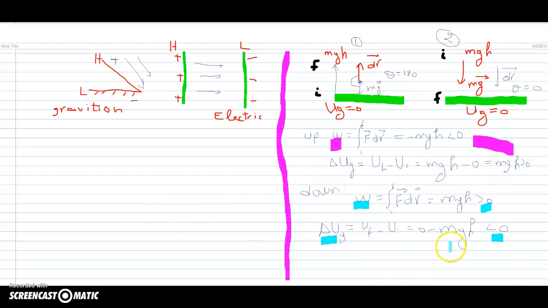And so to compensate for this relationship, when one is positive, the other is negative, we can write something like this. This is probably the most important thing, and that is the change in potential energy is equal to negative work.